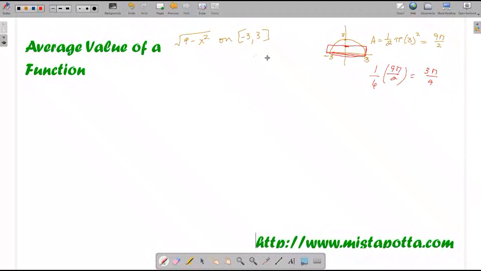Now I could have done this as well if I knew what the antiderivative from negative 3 to 3 of 9 minus x squared was.